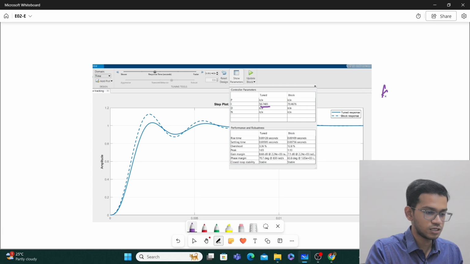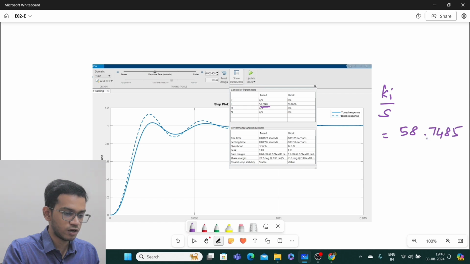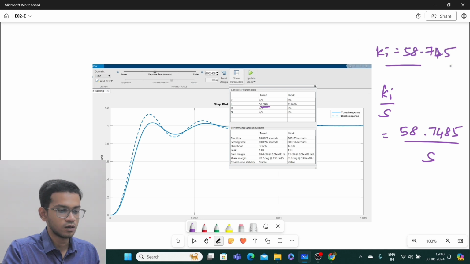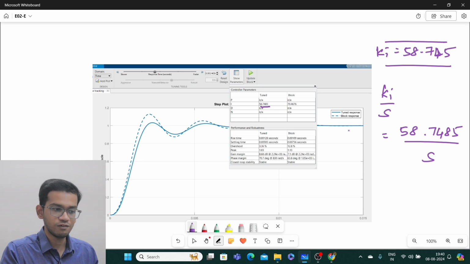So this means it is indirectly telling me my controller transfer function, which is K by S, should be actually equal to 58.7485 upon S. So my K value is 58.745. Right. So this is the thing that we will get. So now I got a K value.